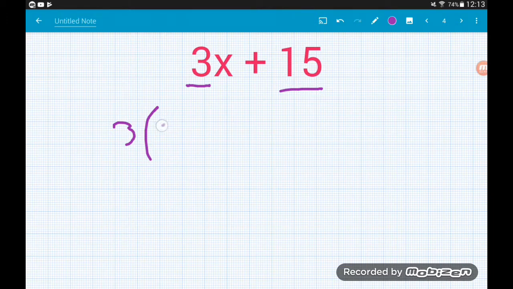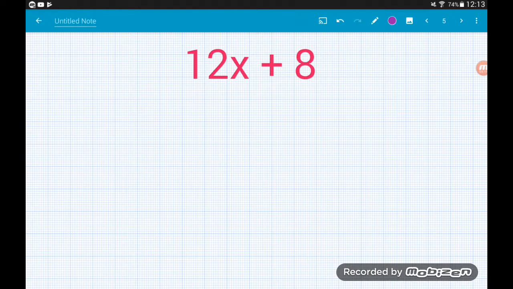So 3x divided by 3 is just a single x, and 15 divided by 3 is going to give us 5. So our answer is 3 lots of x plus 5. If you want to practice your expansions at all during this video, pause, expand that out, make sure it gives us the original expression.